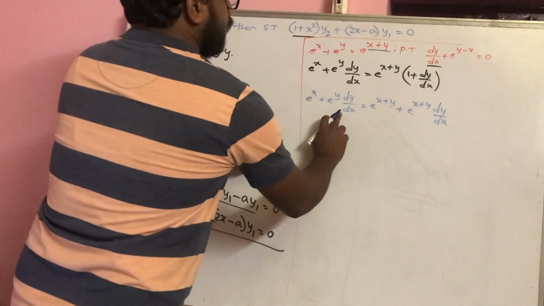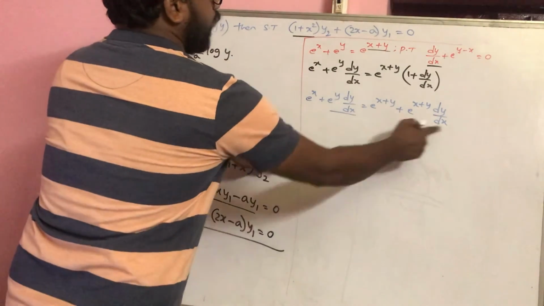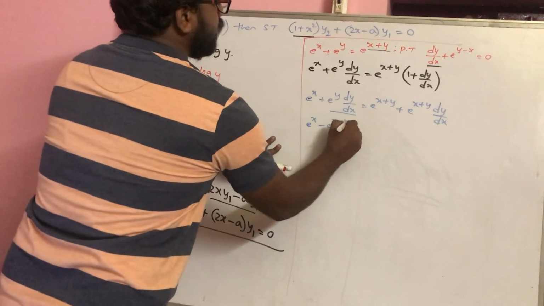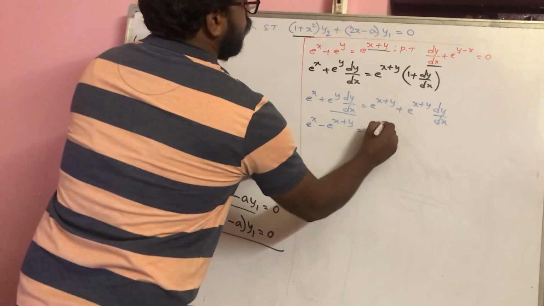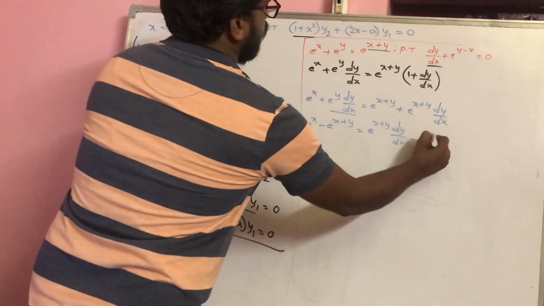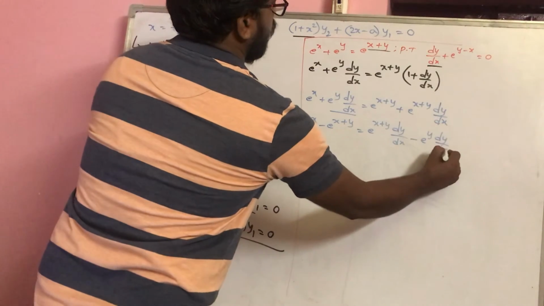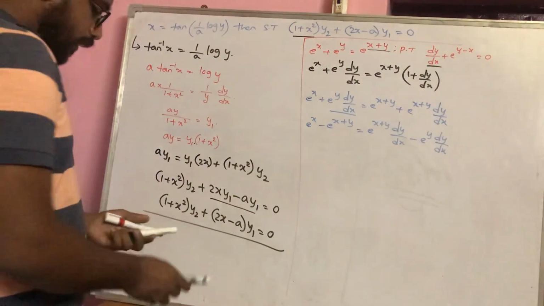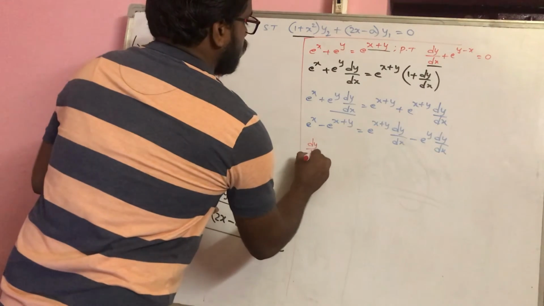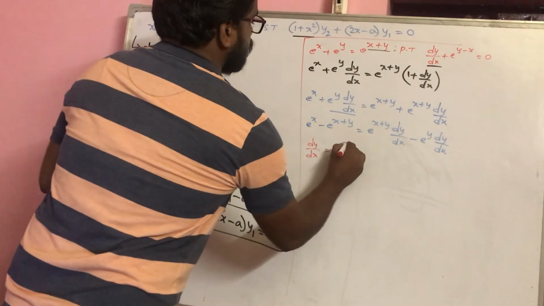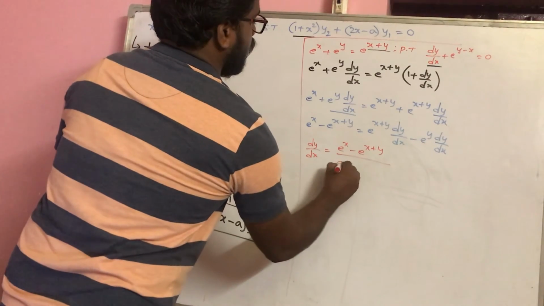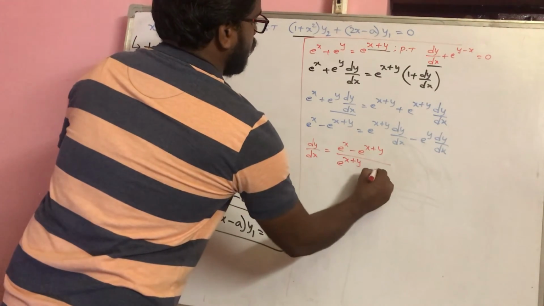So I will send this term to the right side and this term to the left side. e^x - e^(x+y) = e^(x+y) dy/dx - e^y dy/dx. So you can take dy/dx as common here, and if you send the term to the other side, dy/dx = (e^x - e^(x+y)) / (e^(x+y) - e^y).